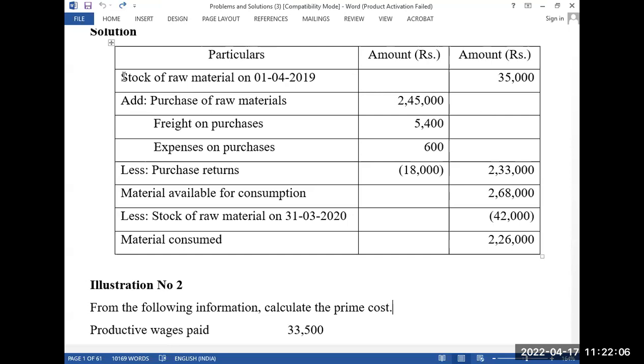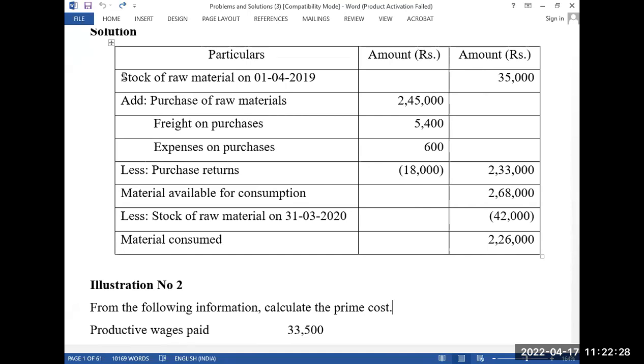So total expenditure is this much, 2,45,000 plus 5,400 plus 600. And 18,000 worth of raw material you returned back to the supplier. So remaining effective materials from this current year purchase is worth only 2,33,000. How is it 2,33,000?